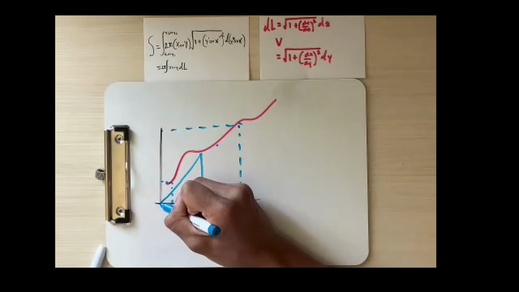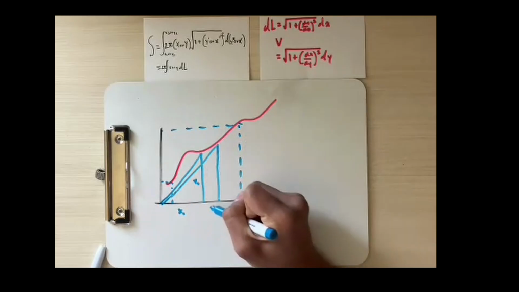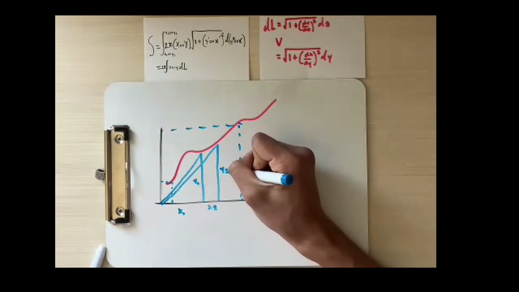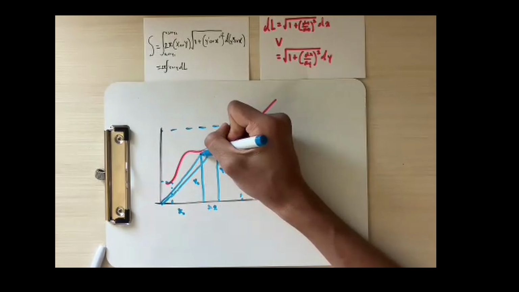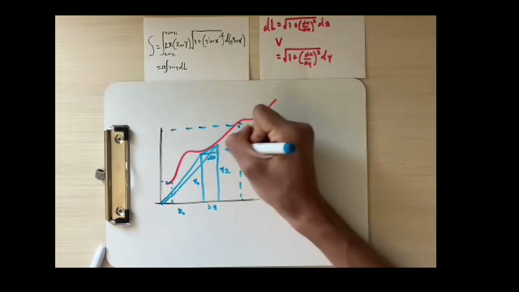And then I can get this point's location with a different right angled triangle, x2 and y2.